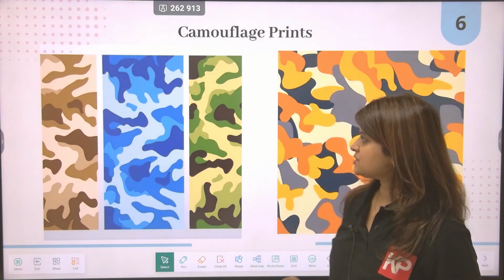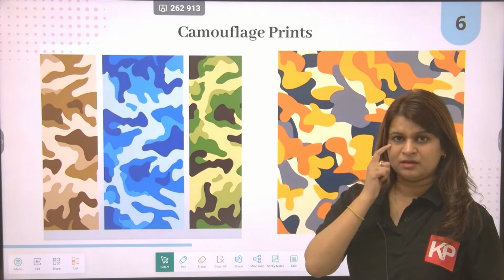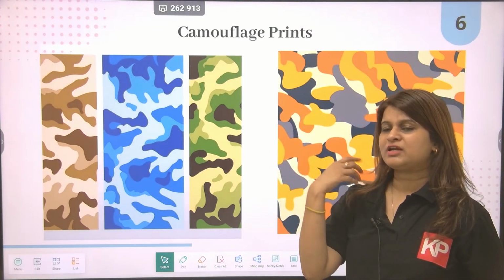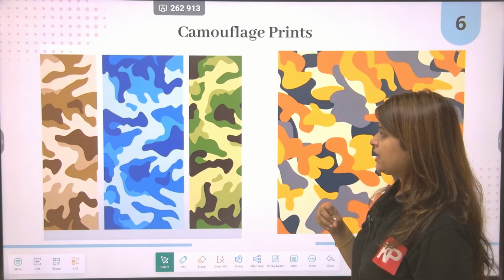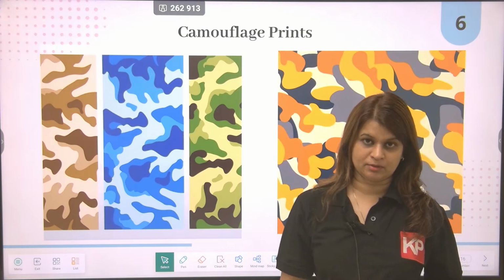अब यहाँ पे ये चीज नोट करिए that the patterns are very very abstract. They don't look like a leaf, they don't look like a circle, right? But they are very abstract and do not resemble anything in particular, right?